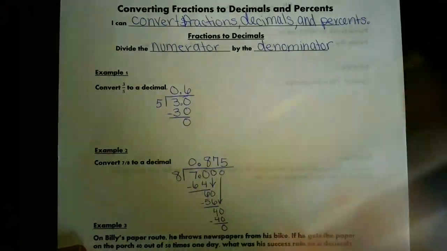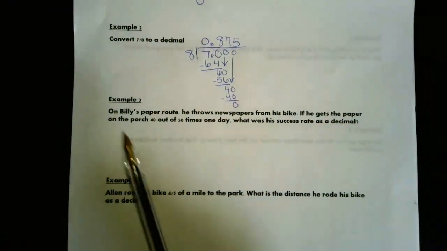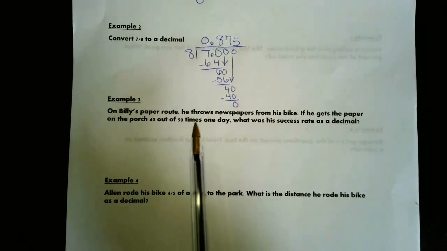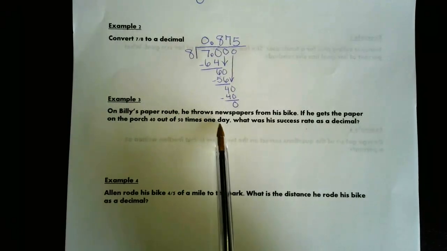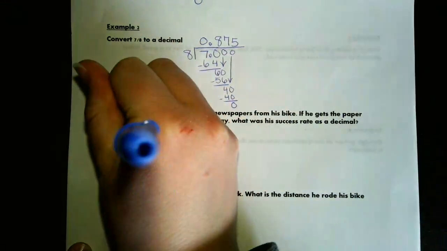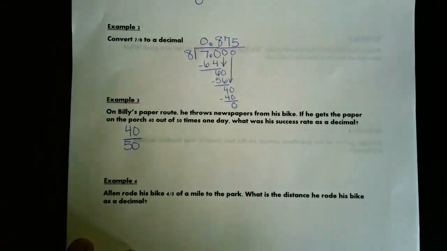Okay. Examples number 3 and 4 are going to be word problems, but they're nothing you can't handle. On Billy's paper route, he throws newspapers from his bike. If he gets the paper on the porch 40 out of 50 times on one day, what is his success rate as a decimal? So as a fraction, 40 out of 50 is 40 over 50.